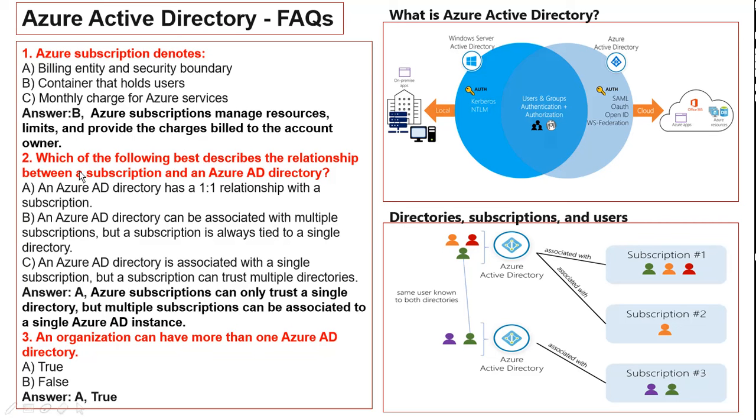Now, the second question is, which of the following best describes the relationship between a subscription and an Azure AD Directory? The subscription is different, and the Active Directory setup is different. The answer is that an Azure AD Directory has a 1:1 relationship with a subscription.